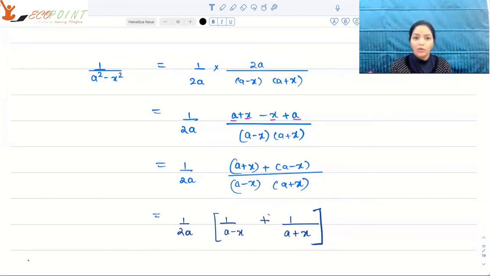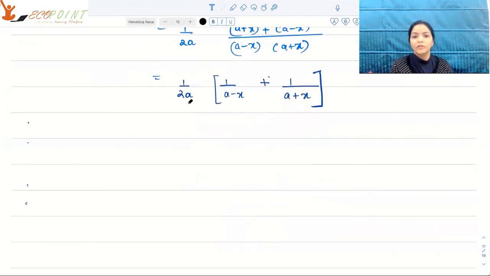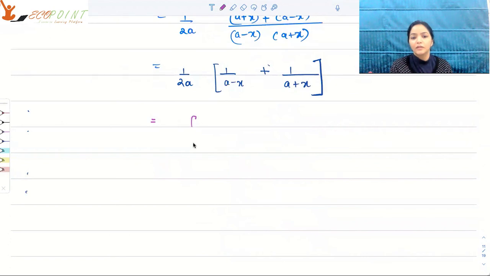When you integrate it, what will you get? So you are just integrating this expression. 1 upon 2a is outside.